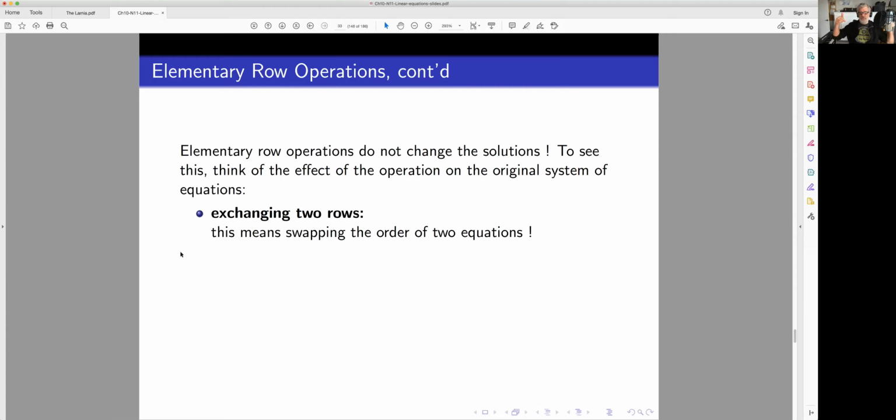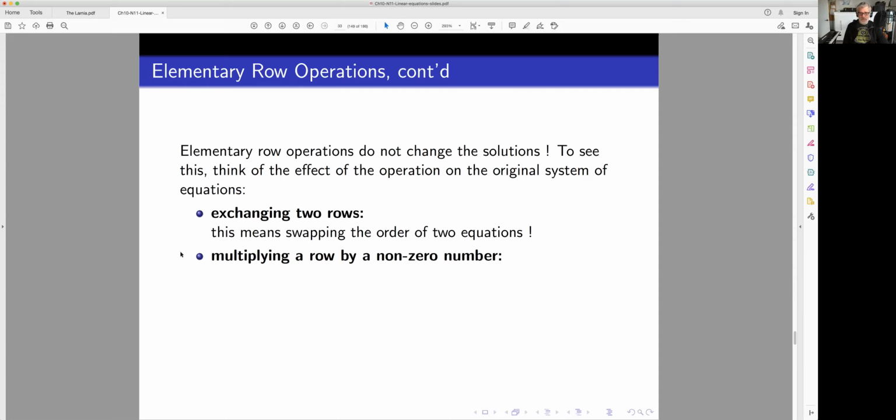I'm just writing my equations in a different order. I hope this is obvious to all of you, that this will not change the solutions. So clearly I can always do that, and I'm not going to change the solutions.